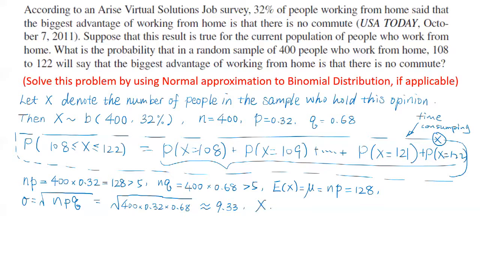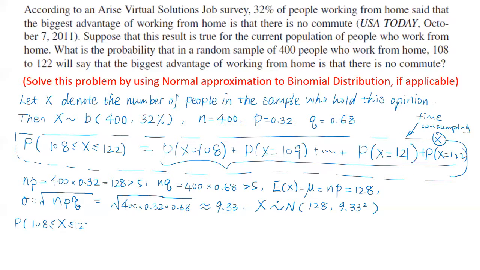Then our X approximately follows a normal distribution with two parameters, 128 and 9.33.